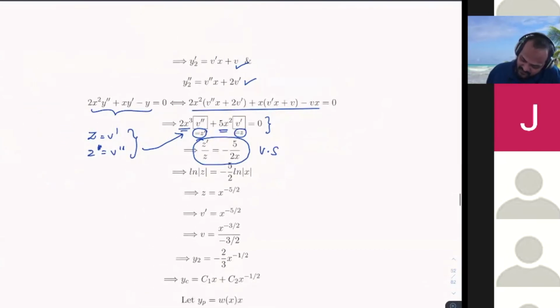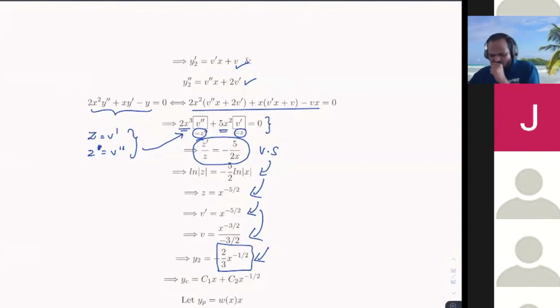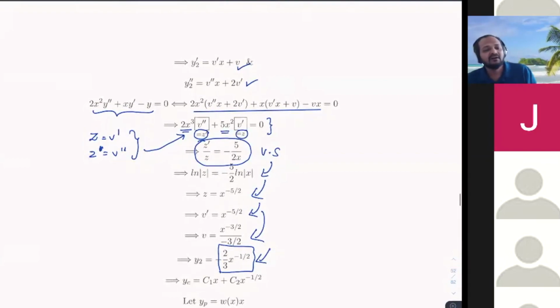I can integrate it, and then I get my z. Then I set it equal to v prime. From there I get my v. Then you multiply that by x, and here is what you have, your y2. And that is how we find the y2.